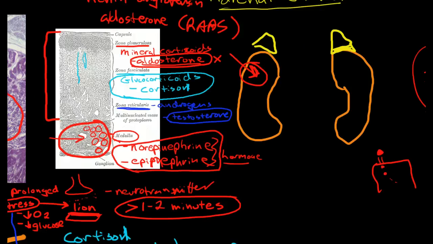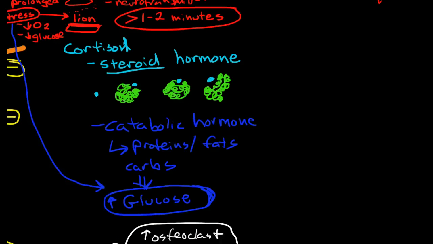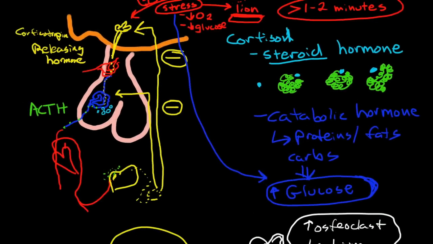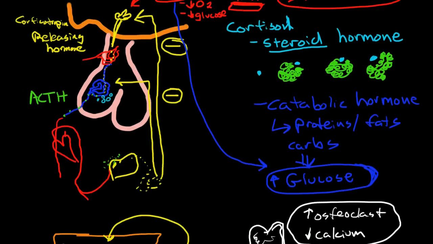So that means there's a benign mass in the pituitary gland that is hypersecreting ACTH, and that stimulates a hypersecretion of glucocorticoid. Now, this is actually a very rare syndrome. I've never taken care of a patient that has Cushing's syndrome.